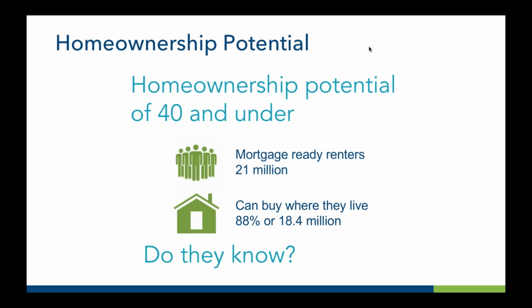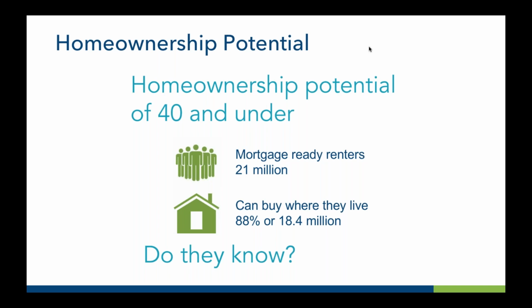Well, here's some data that came out of that Urban Institute report that illustrates a different picture, or starts to show us the scale of the opportunity here with especially millennial renters. One of the things that the Urban Institute did was work with Freddie and some Experian credit data and identify across the 31 largest metro areas in the country how many mortgage-ready millennial renters there were that also could afford to buy a median-priced home where they live.